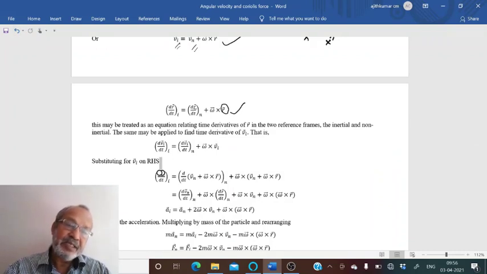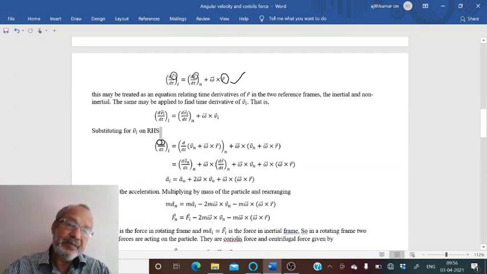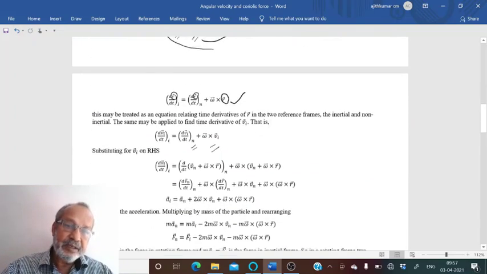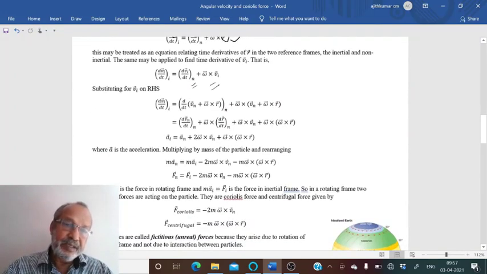So if we replace this r by vi, then you will get this equation: dvi by dt in inertial frame is dvi by dt in non-inertial frame plus omega cross vi. Now we substitute for vi using this equation here, and after some algebra you can see that dvi by dt, which is the acceleration in inertial frame, is the same as acceleration in non-inertial frame, plus 2 omega cross vn plus omega cross omega cross r.